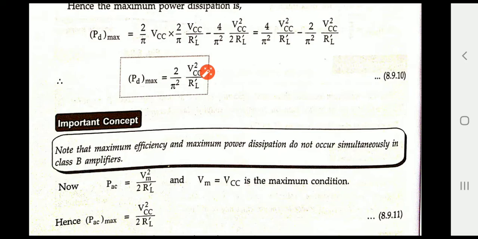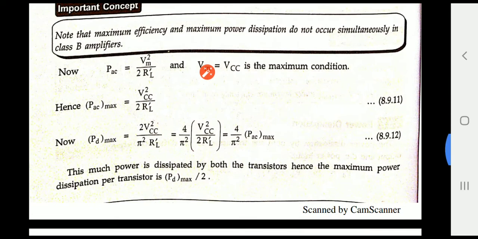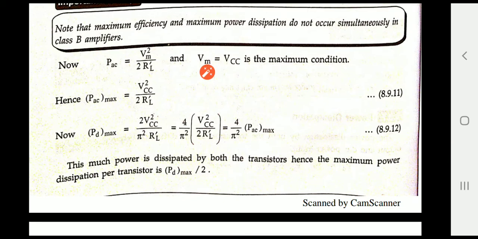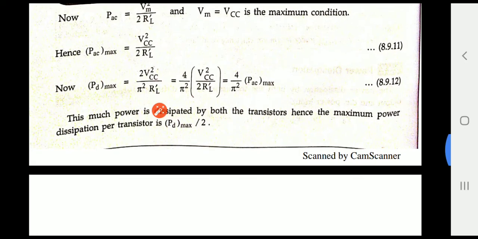Now here PD max can be expressed in terms of PAC in the maximum condition also. We know the PAC in terms of Vm square by RL dash is this, and the maximum condition is Vm equals Vcc. If I substitute in this, we will get PAC max equals Vcc square by 2RL dash. Now that can be rearranged using PD max. We know that PD max is 2Vcc square by pi square into RL dash.